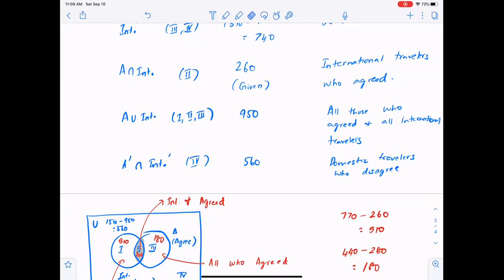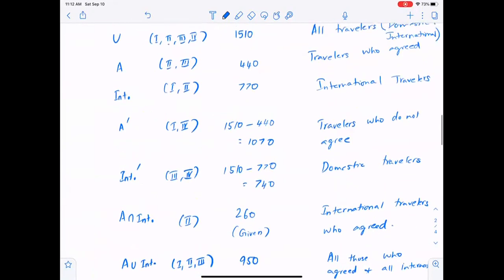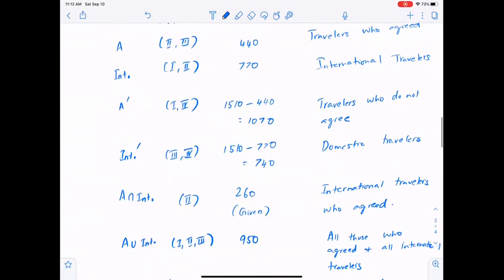And let's find A intersect int complement. So we want to find the region, the count, and the meaning. Okay, so we know the set A contains regions 2 and 3.